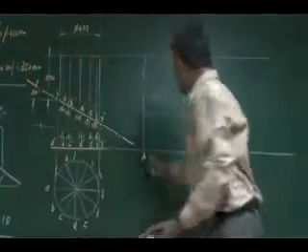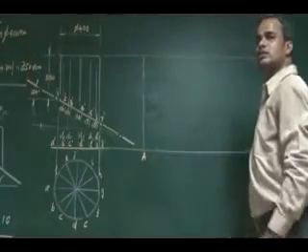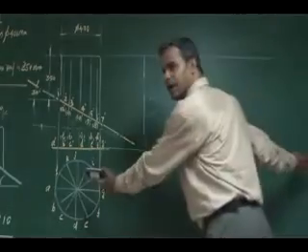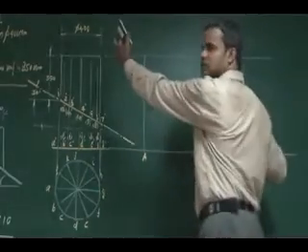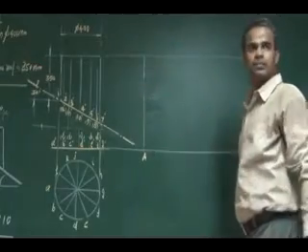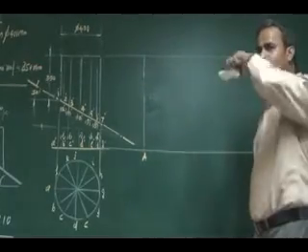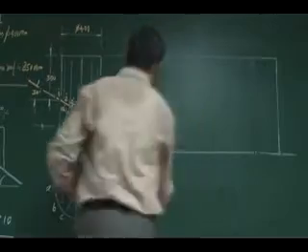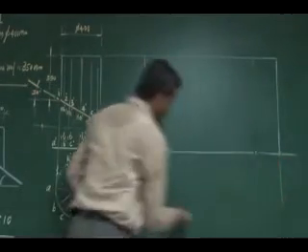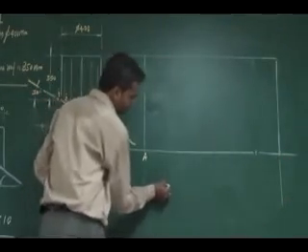Then what length will the development of the cylinder be? It will be pi d length. Pi d length is nothing but 3.14 into this 40, right? 40, it will be 125.6. So this length is going to be my 125.6.